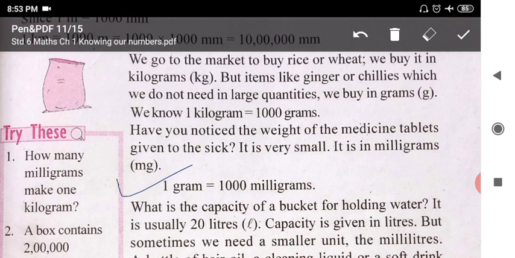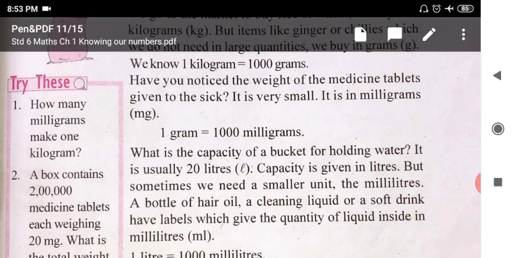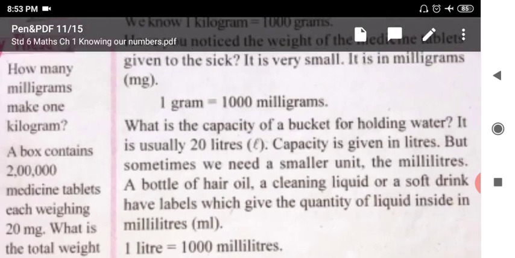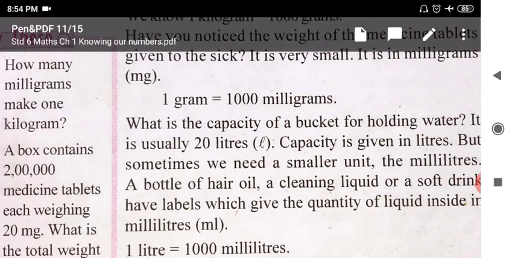So 1 gram is equal to 1000 milligrams. So these are the units for measuring the weight of substances.